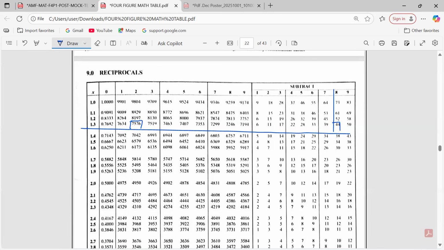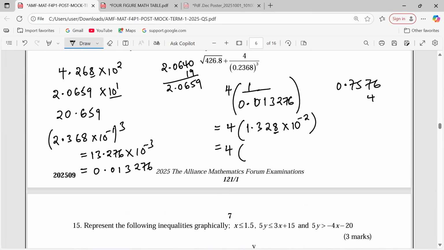You should note that for reciprocals, it's a subtraction. So we subtract 4 here and we get 0.7532 times 10 to the power of 2. When we are finding reciprocal, 10 power negative 2 just becomes 10 power 2. That is the meaning of reciprocal at that point.